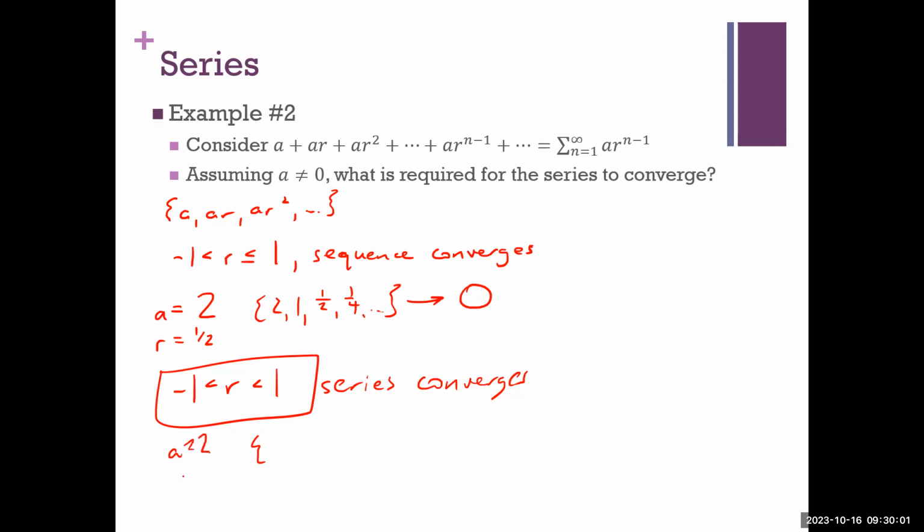If we say A equals 2, R equals 1, then what's the sequence going to look like? 2, 2, 2. Can that series converge? All right, the sequence converges, but why does the series not converge? We keep adding 2, right?